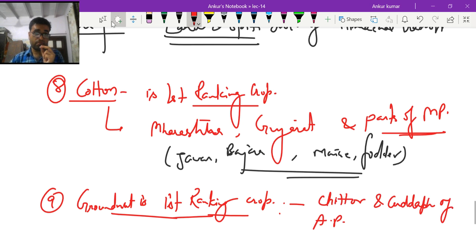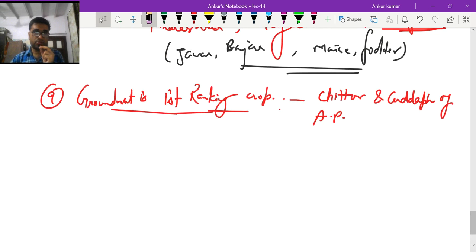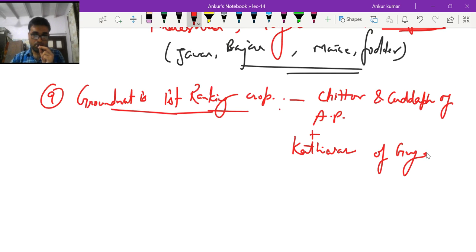And Kathiawad of Gujarat. So these are the regions where the groundnut is the first ranking crop.